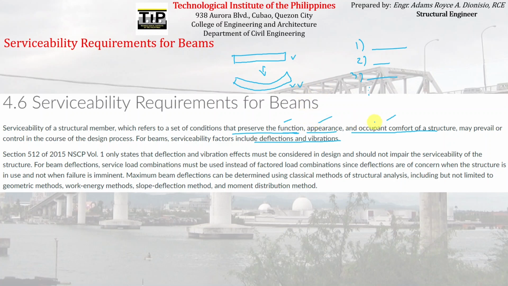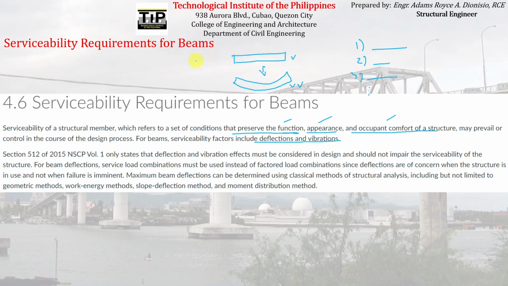We can also use comfort to tell whether the beam is still serviceable or not. If the beam will impose excessive vibrations, it will obviously not give comfort to the occupants. For example, there is an elevator installed in a structure, and of course there are beams attached there too.